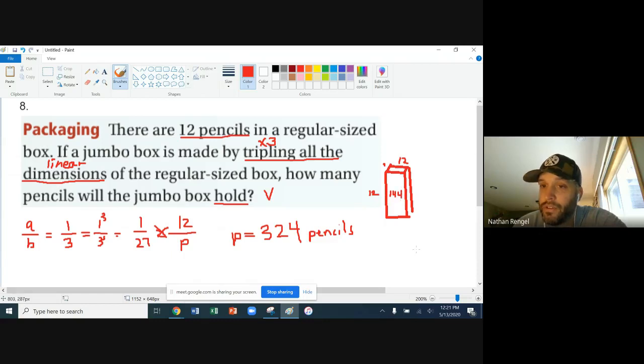Now if I triple those measurements, I'm now looking at this. And I know I'm not drawing this to scale, so forgive me.